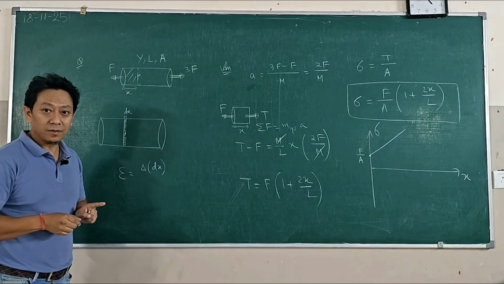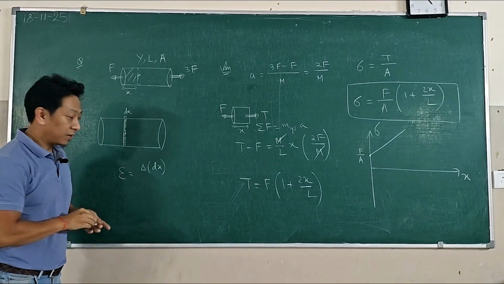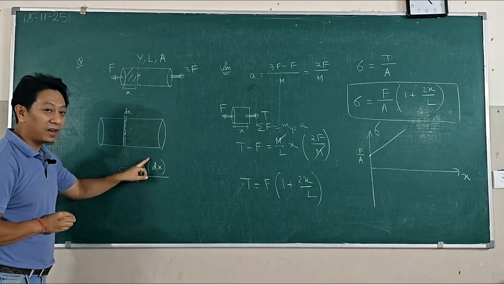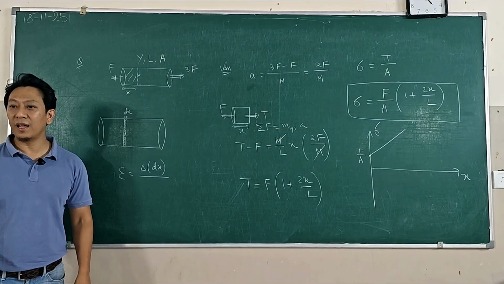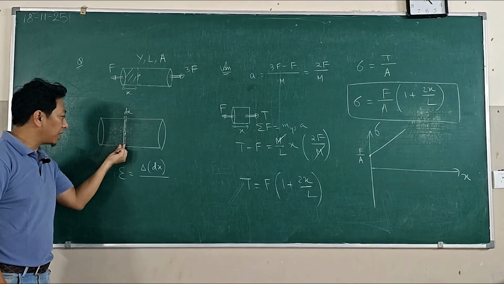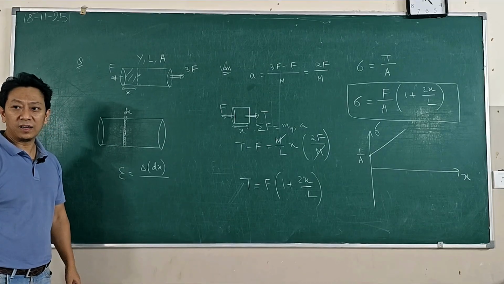Remember, you can take it as thin as possible, close to that point. Divided by what? Strain. What is the definition of strain? Change in length by original length. I have chosen this part as the length, so what should I divide by?